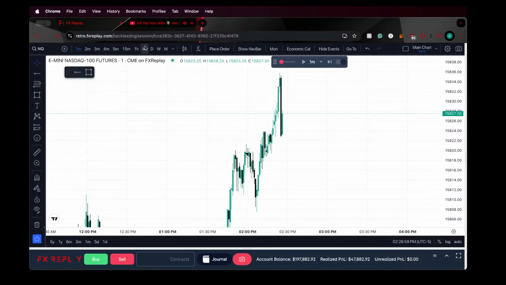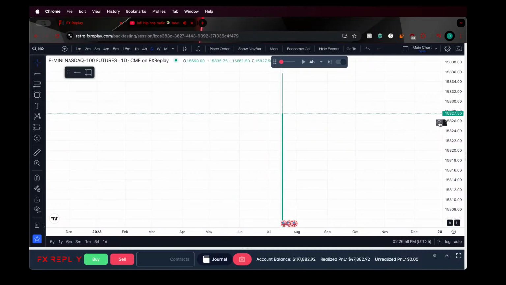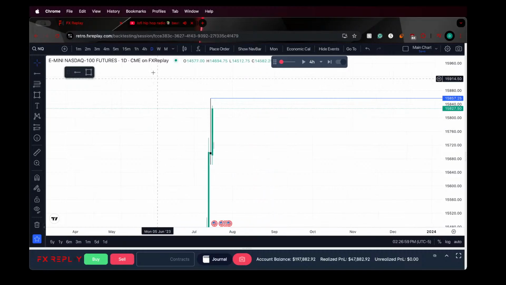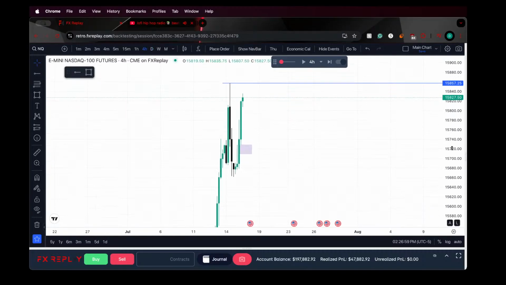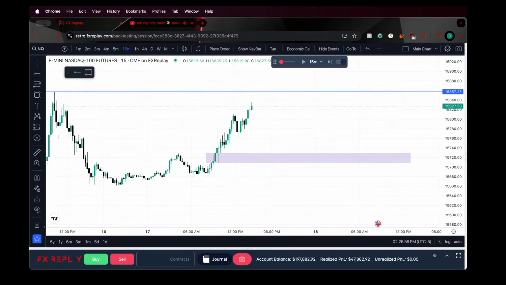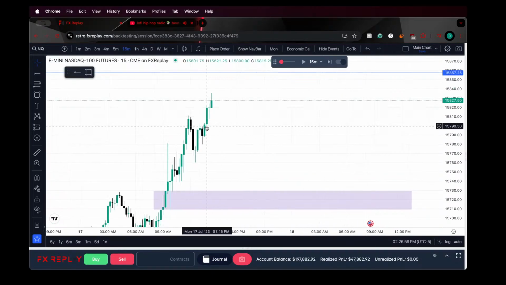Okay, huge move down. Where are we tapping? Previous day high is right here. I have a 15-minute inefficiency right there.